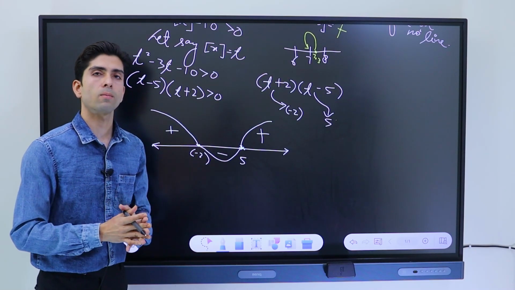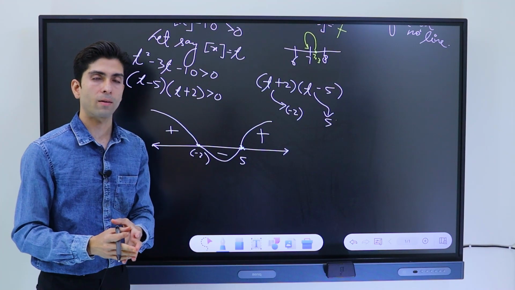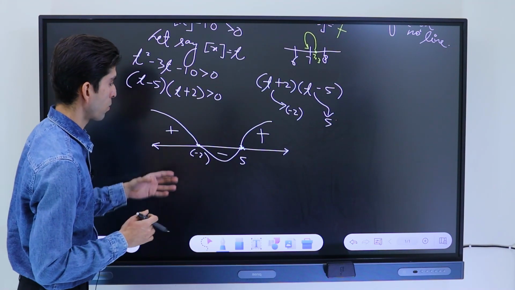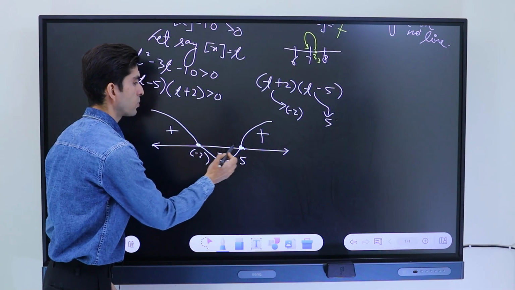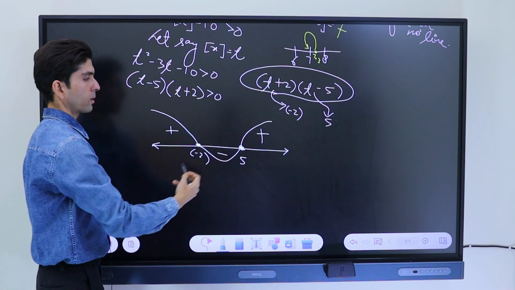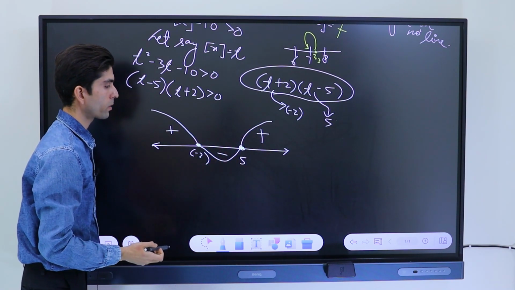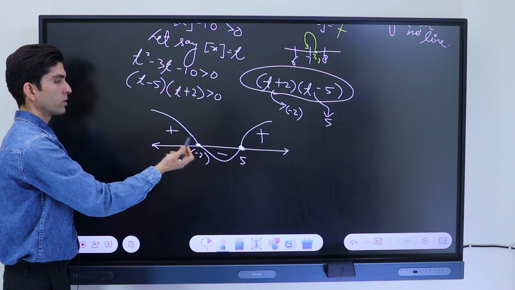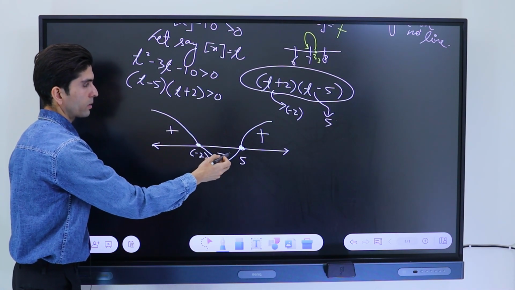The wavy curve only tells you when your expression is positive, when it is negative, and when it is equal to 0. So when your curve intersects the number line, at these points the expression achieves 0 value, and to the right of 5, as you can see, this expression is always positive, and to the left of minus 2, this expression is again positive, and in between minus 2 and 5, it is negative.